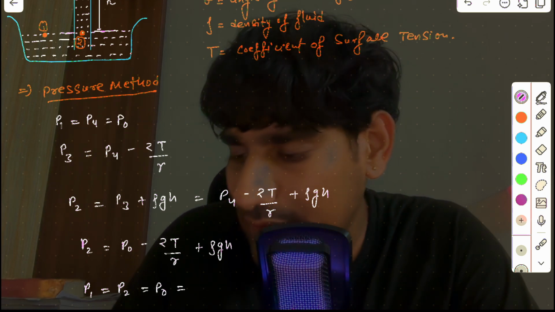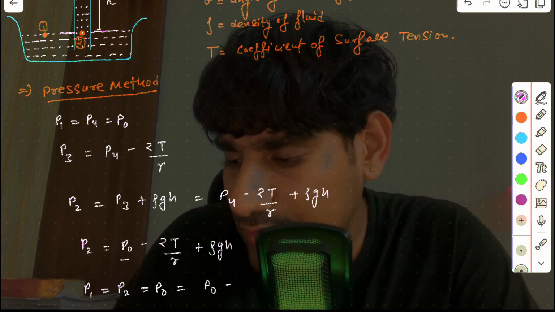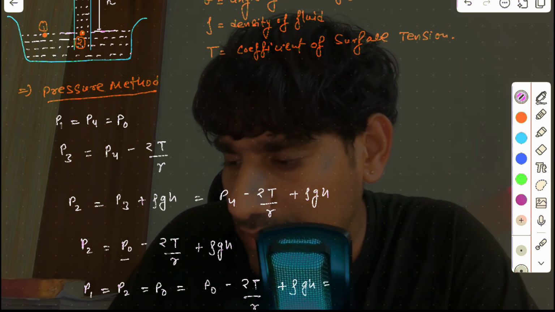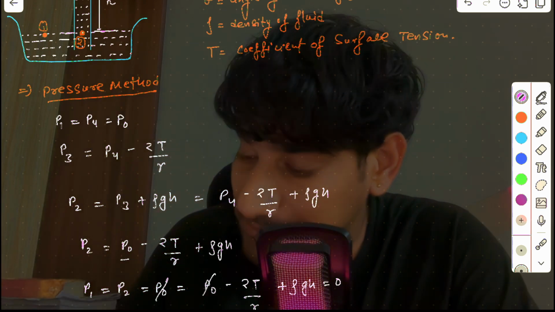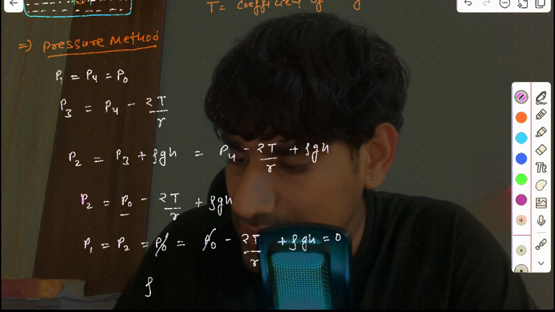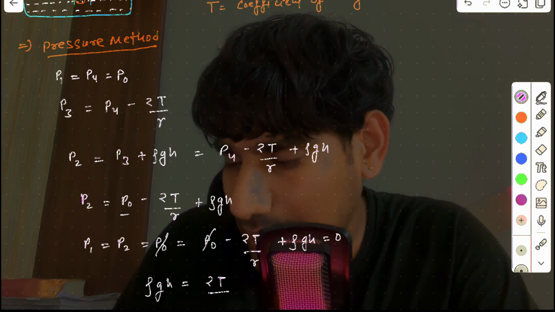And that is why P naught is going to be equal to P naught minus 2T by R plus rho gh. Okay, so P naught is cancelled out. So then you can say that rho gh is going to be equal to 2T divided by R.